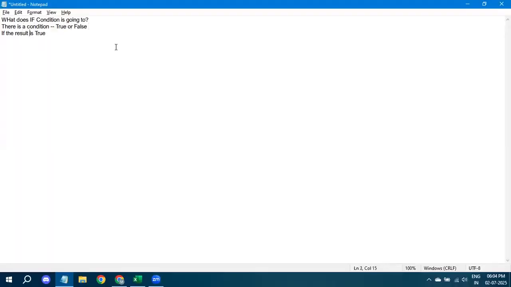If the condition is true, what will be the result? If the condition is false, what will be the result? This is what the if statement checks. In an if condition, there has to be a condition and two outputs.